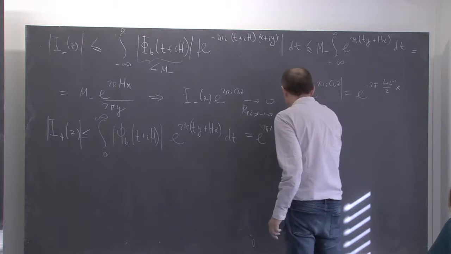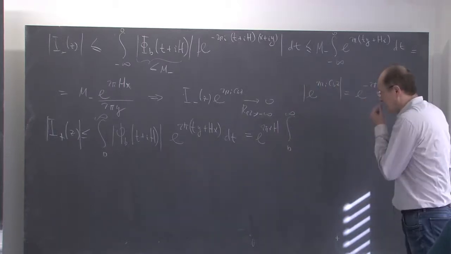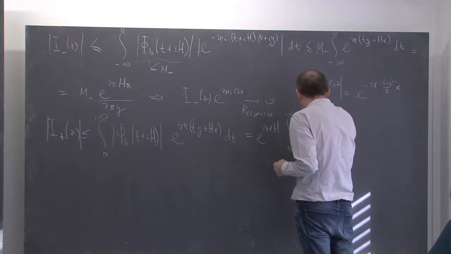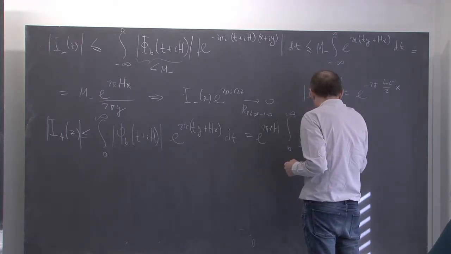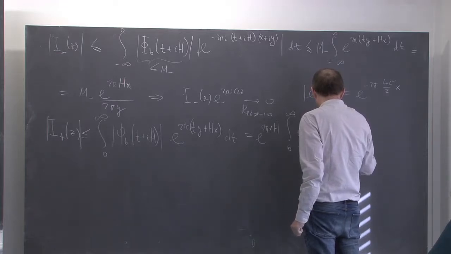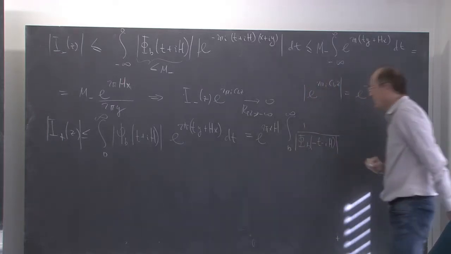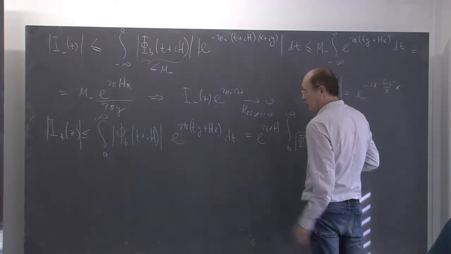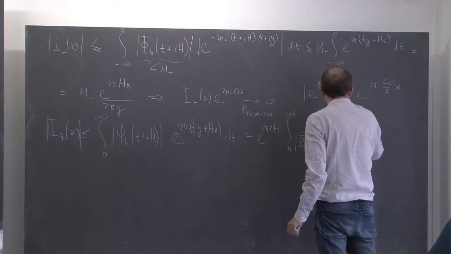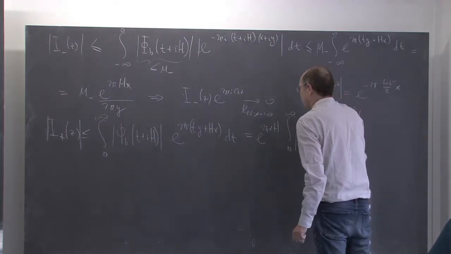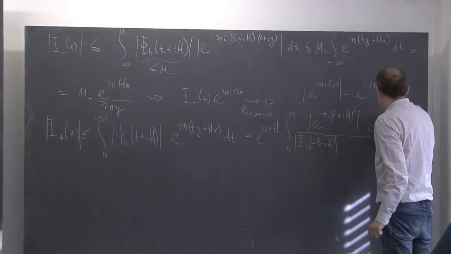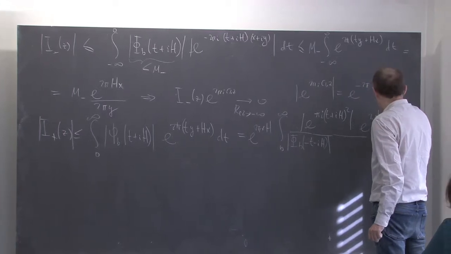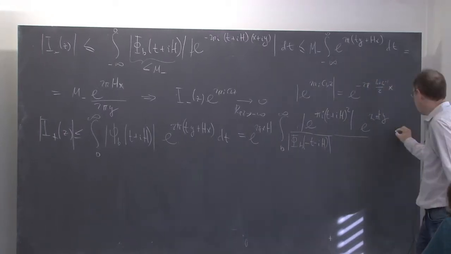And the rest is the integral from 0 to infinity of 1 over the absolute value of phi_b of minus t minus ih, and what remains here is the absolute value of e to the pi i of that argument, (t plus ih) squared, absolute value, and e to the 2 pi t y, dt.